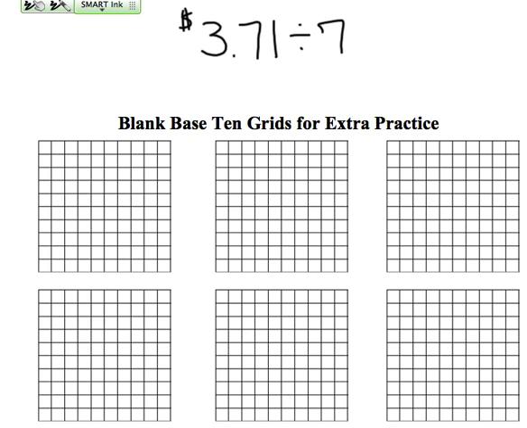to find the answer. Now, the first thing that we're going to do in order to determine whether or not our answer is reasonable is we're going to estimate. $3.71, if you get rid of the decimal, is 371.